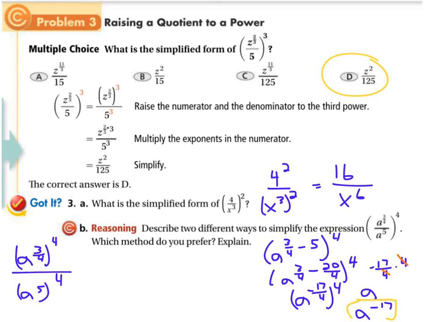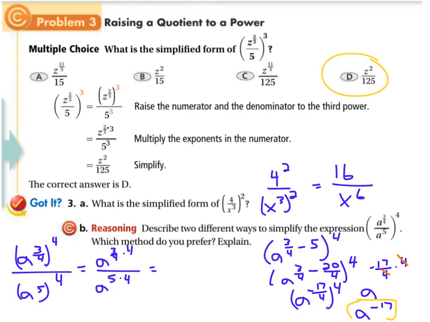Okay, what happens if we did it over here? Well, if we did it over here on the left-hand side, we would say we're doing power of a power, so we multiply these together. 3/4 times 4, so you get a to the 3/4 times 4 over a to the 5 times 4.